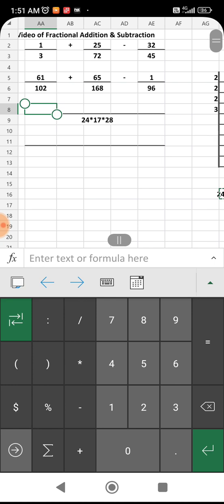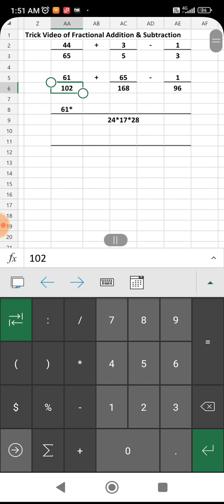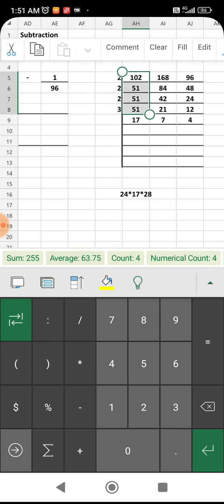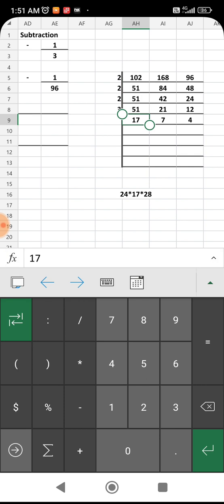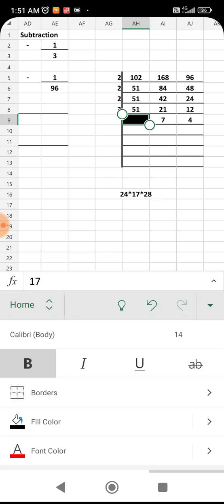Okay, now what we have to multiply? Multiply 61 with which number? 102. We have to cover 102. 102 means, look here, this is the 102 line, so 17 must be covered. I have covered 17.